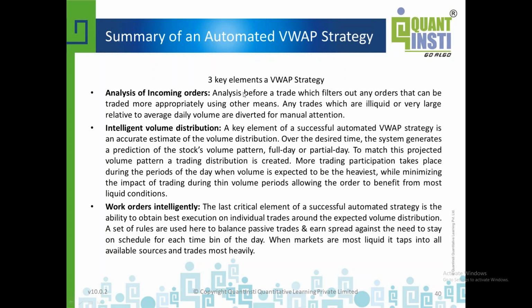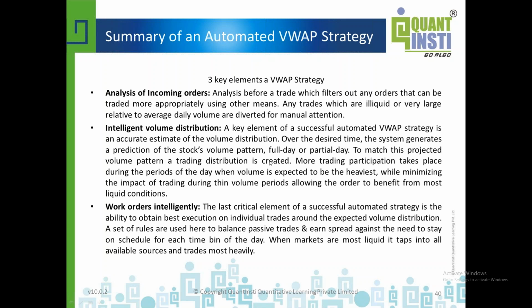All right. So three key elements. Krishna, your question is sort of unrelated, but we can discuss it offline. Analysis of incoming orders is obviously important for a VWAP strategy. You should know at what price the orders are coming and what price they are getting traded at.